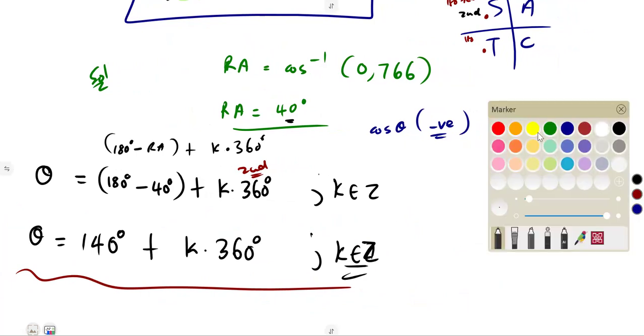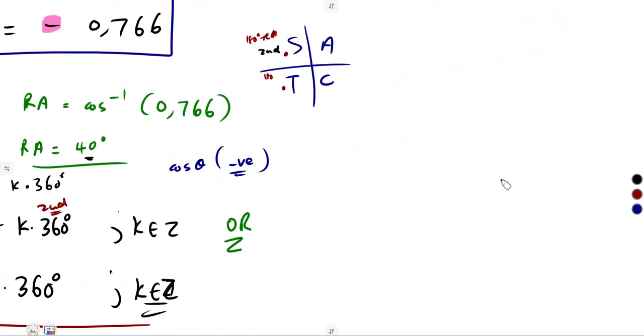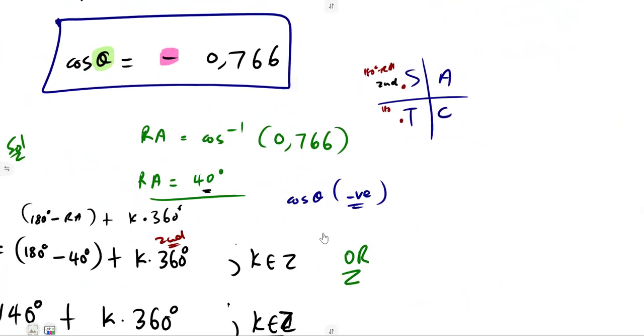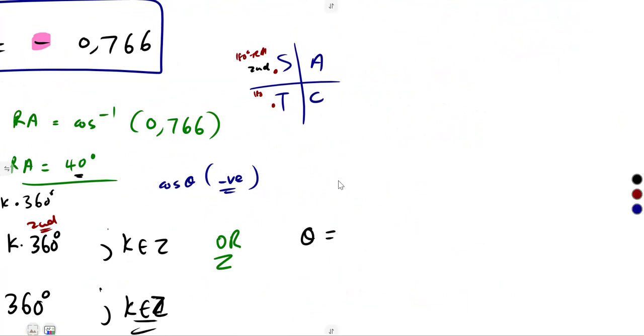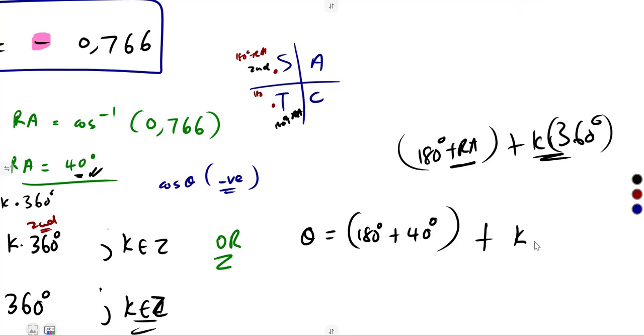So another solution is given as x, which is our theta in our case. Theta is equal to the third quadrant angle, 180 plus the reference angle. Your reference angle is 40 degrees, so it's 180 plus 40 degrees plus k times 360.